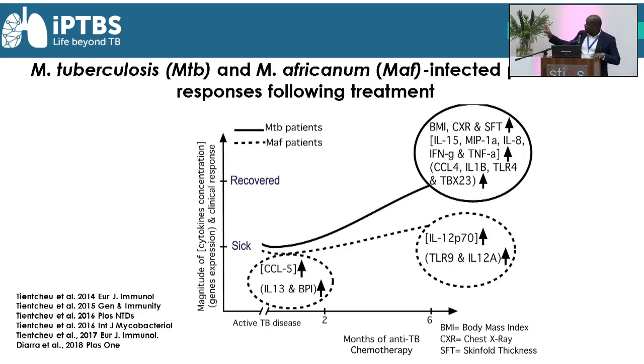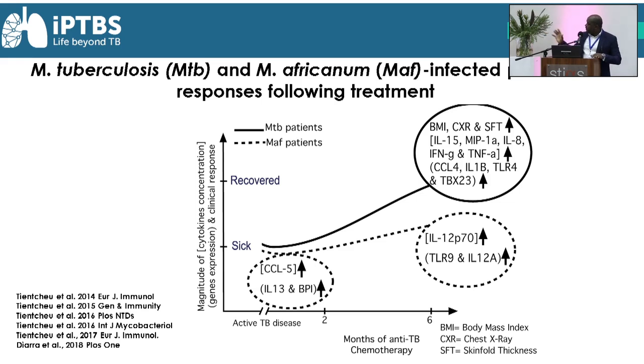For the interest of time, I summarize most of the findings in this diagram. At the onset of disease, you don't find many differences in the clinical features. However, when you measure the cytokine and gene expression, in M. africanum infected patients, in the dotted line, you have high levels of cytokines associated with poor control of TB at the onset of disease.